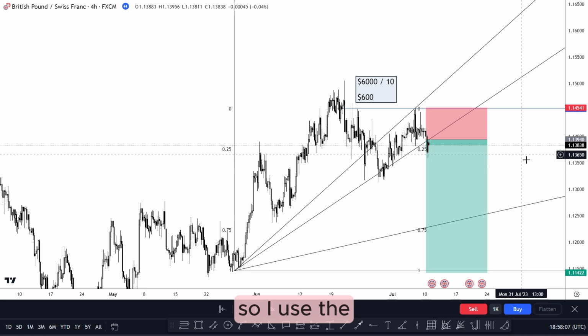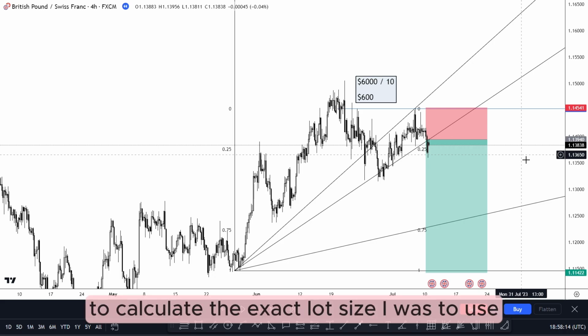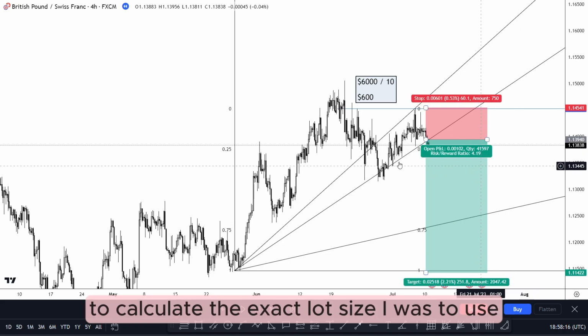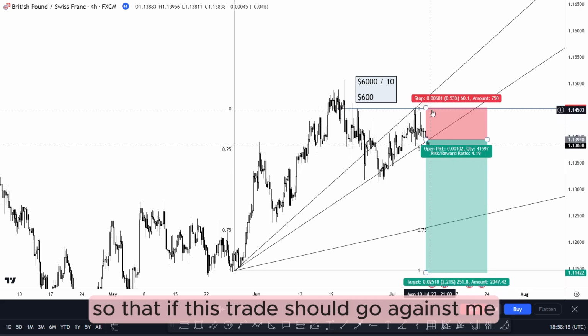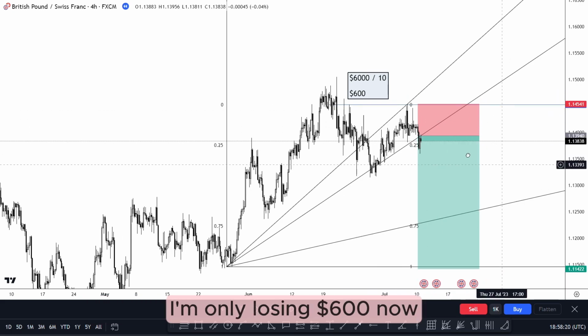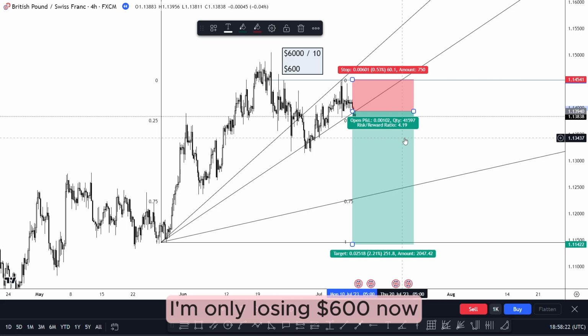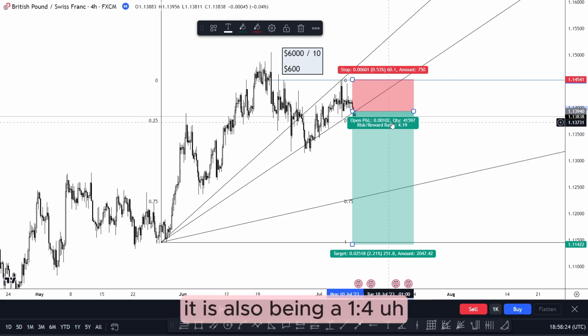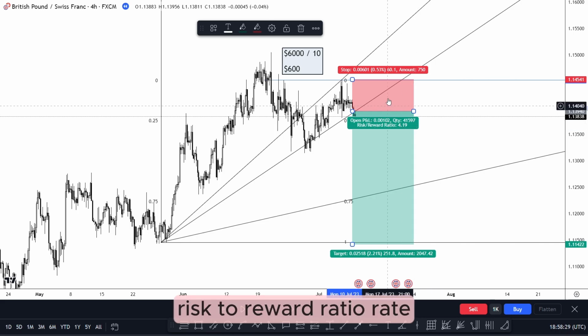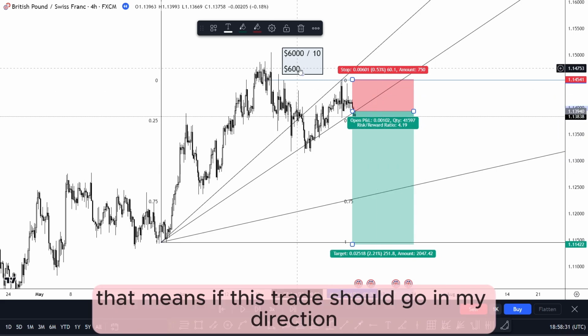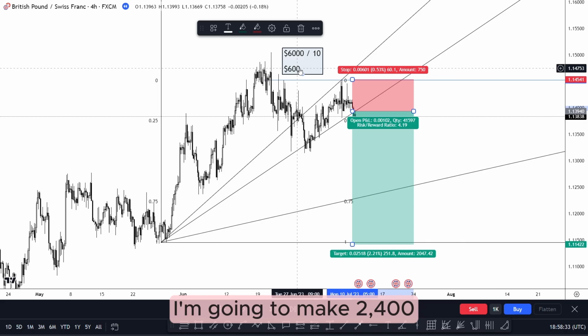So I used my FX book to calculate the exact lot size I was to use, so that if this trade should go against me, I'm only losing $600. Now, with it also being a 1:4 risk to reward ratio trade, that means if this trade should go in my direction, I'm going to make $2,400.